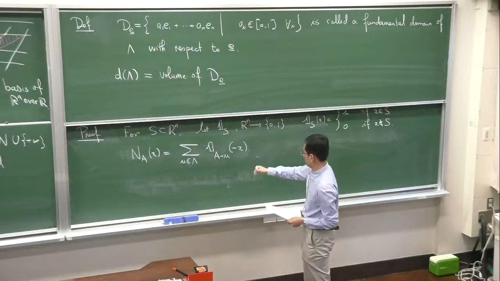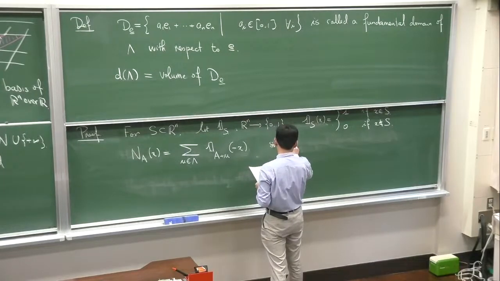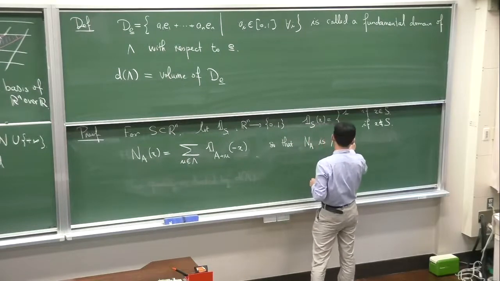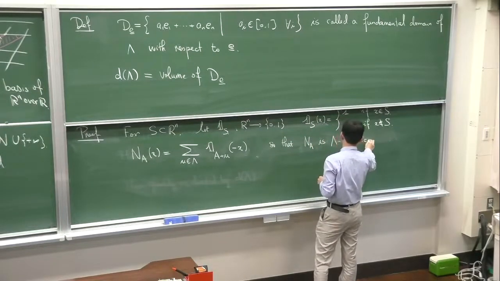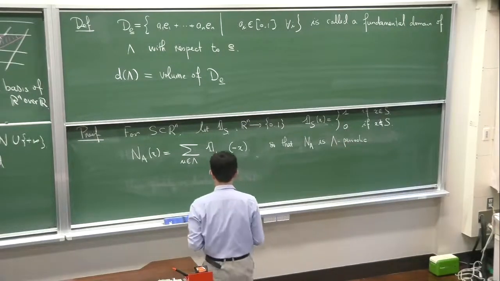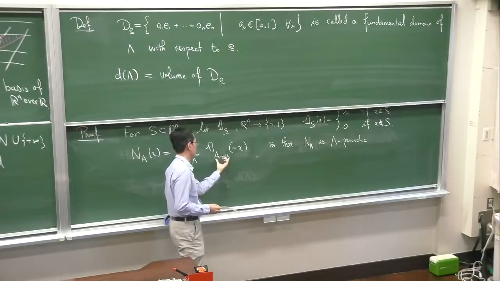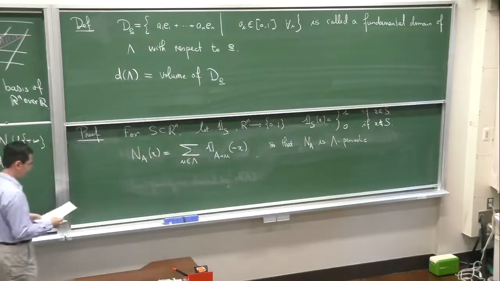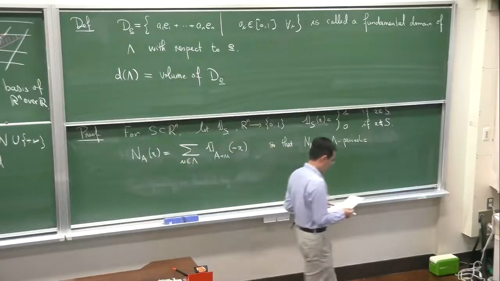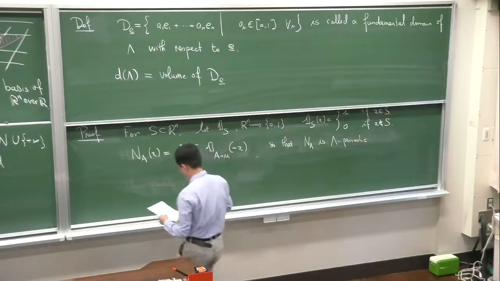And if you write it in this way, you find immediately that N_A is Lambda-periodic. If you translate x by some lattice point, you find the same expression, and so it permits you to pass the function to the quotient space.